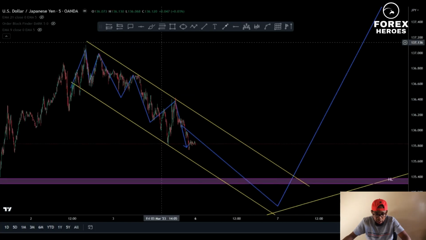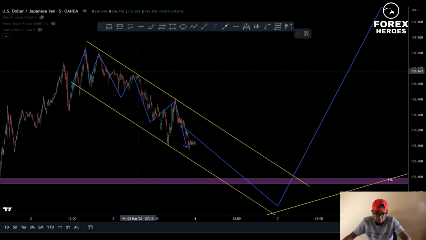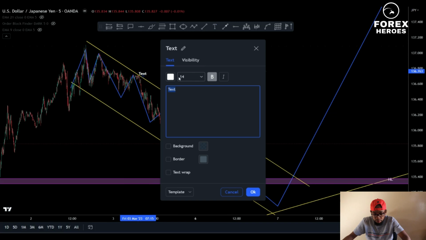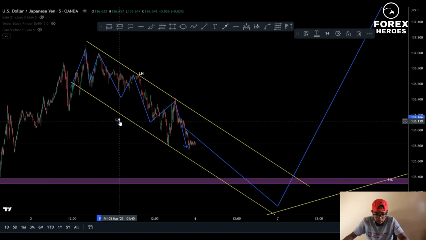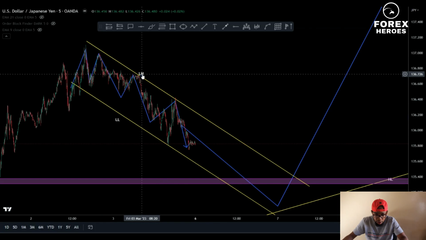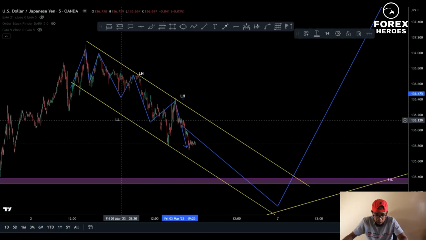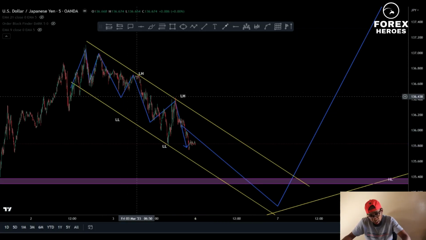So this, for instance, would be a lower high, lower low, and this one, something like this.